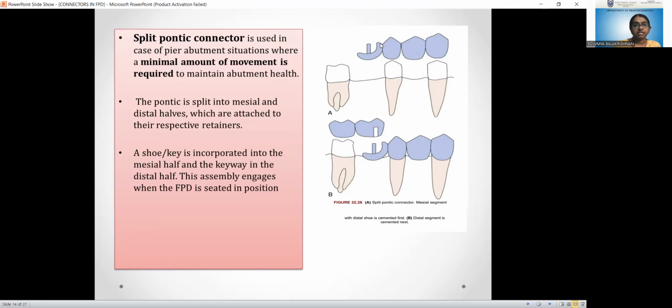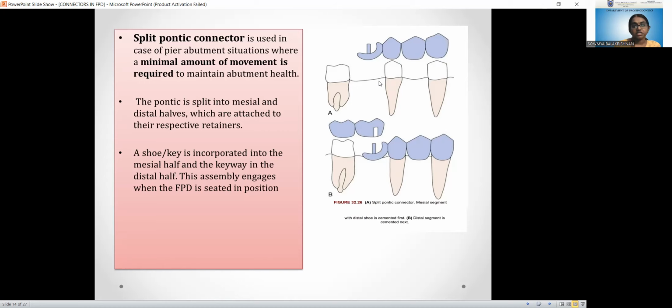In that, the key is attached to the mesial half, and the keyway is in the distal half. This keyway is attached to the distal half, and the key is attached to the mesial half. This assembly engages when the FPD is seated in position.